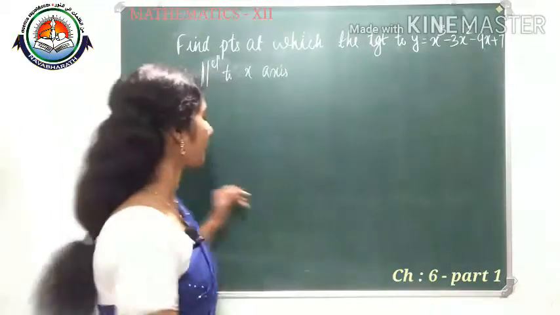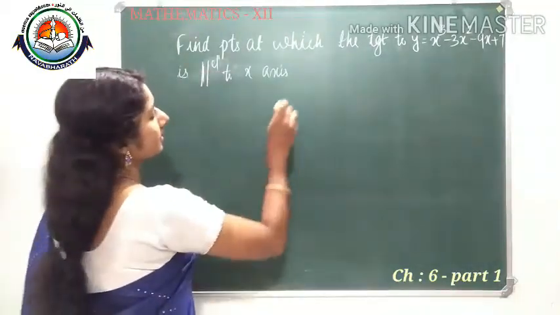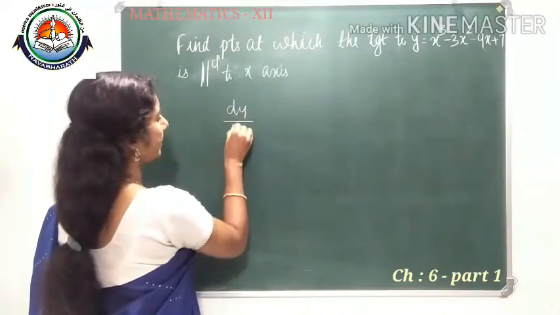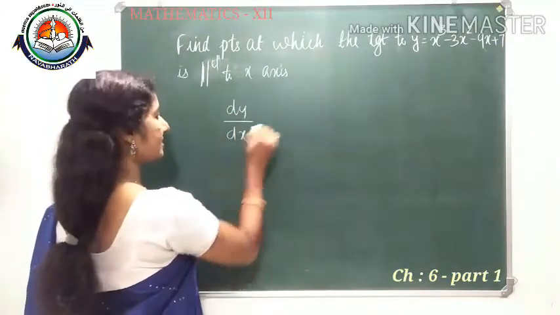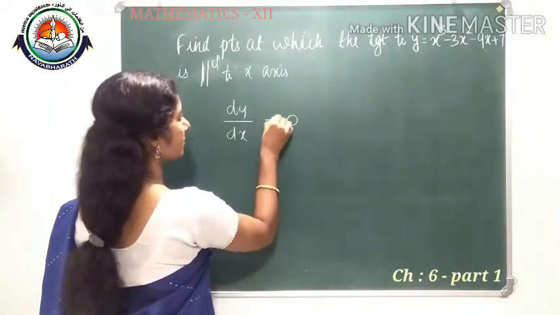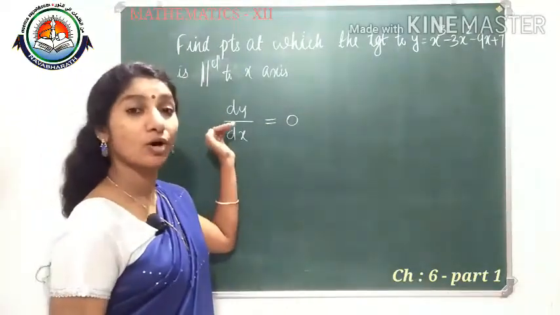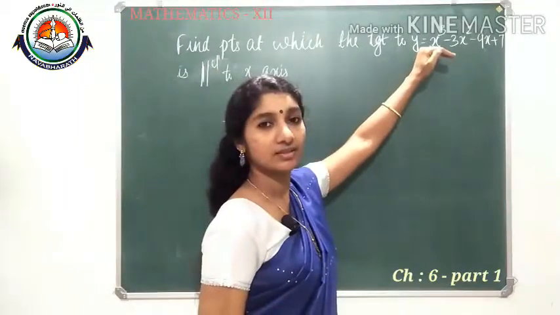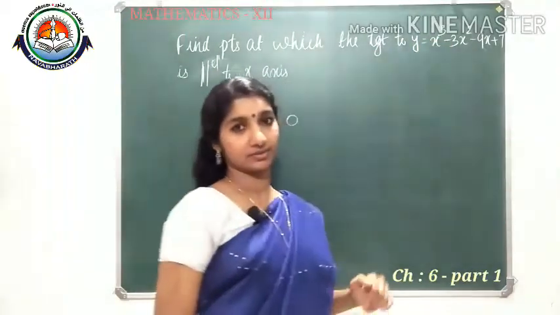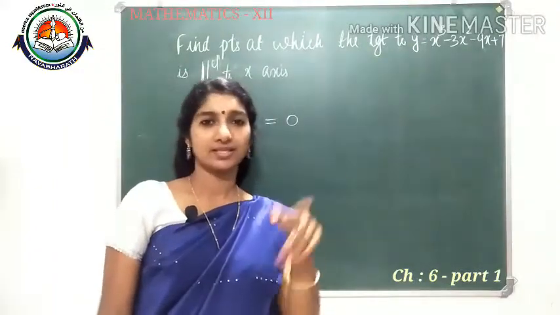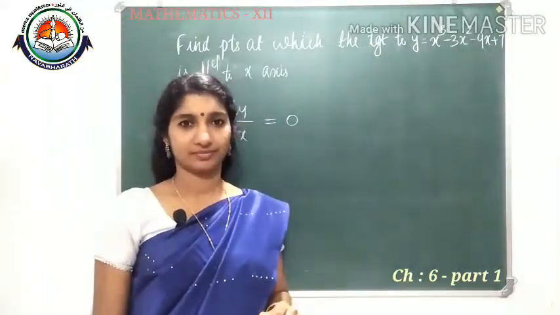Clear? So to find the slope of the tangent, we need to do dy by dx. It is given dy by dx equal to 0. How did we get dy by dx equal to 0? dy by dx is the slope of the tangents to this curve. This curve's tangent's slope is dy by dx everywhere.